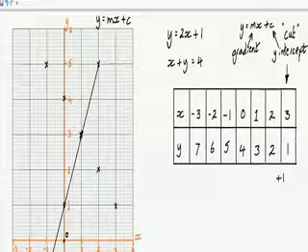Can't plot the last point because y is 7.